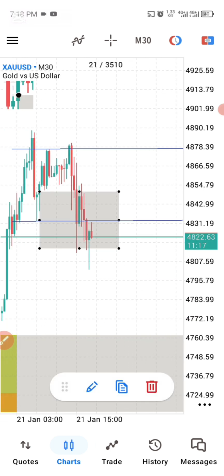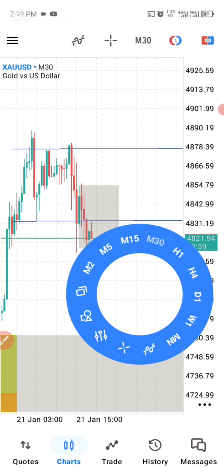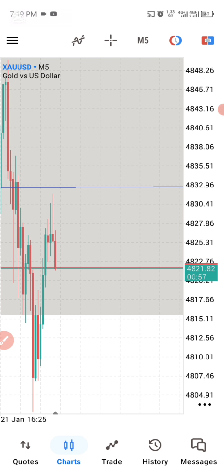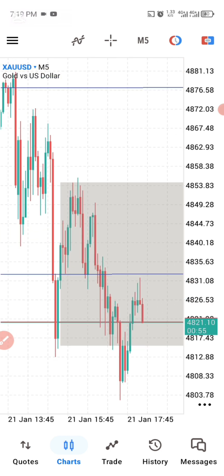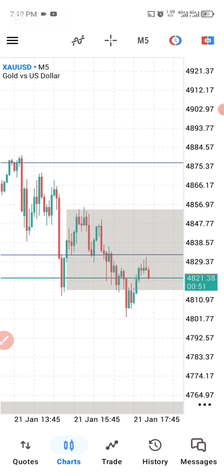Now I move down to the 5 minutes time frame to look out for a change of character, to know if this market will go back to bullish. Moving down to the 5 minutes time frame, you will notice there is no change of character. So for my confirmatory, there is no change of character.